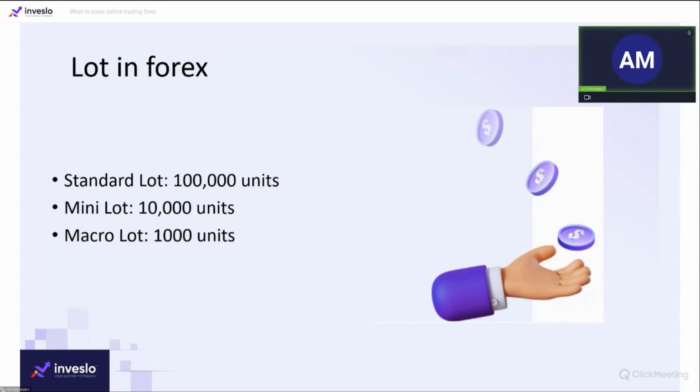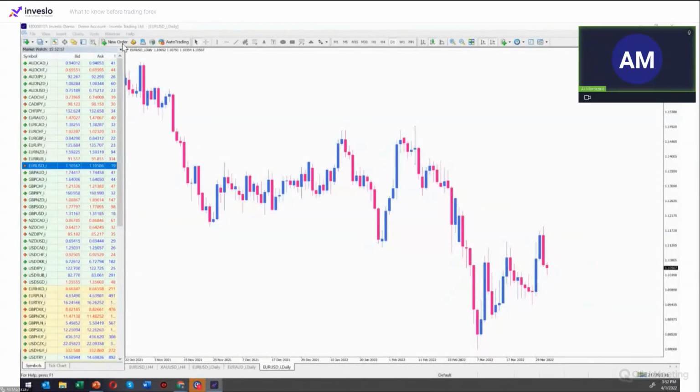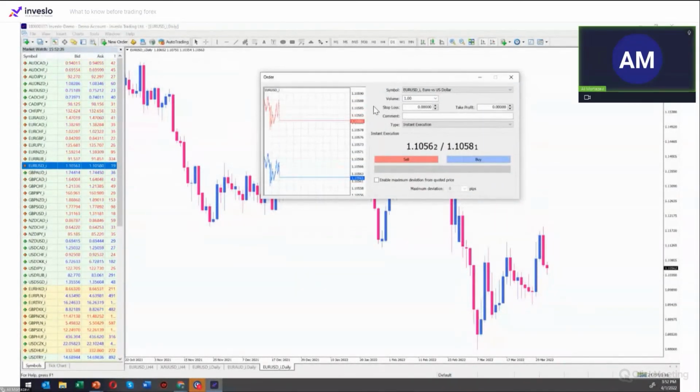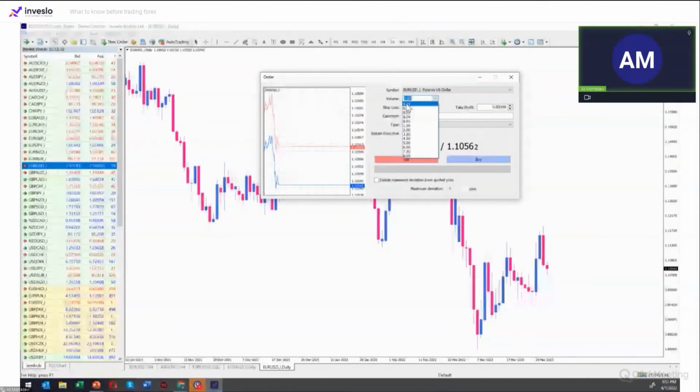For example, on the MT4, when you're going to place a new order and you click here, this window pops up and you see this is the volume. This volume is in terms of lots, and you can trade as small as one micro lot, which represents 1,000 units of your base currency.